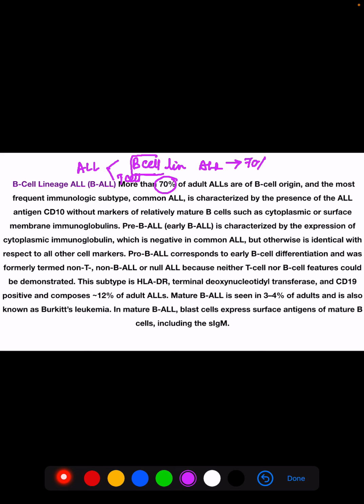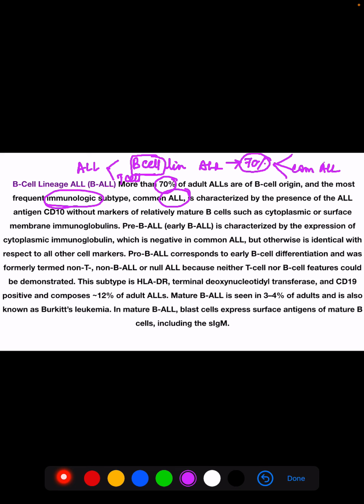So the B cell lineage, how many percent? 70% are of B cell origin. And the most frequent in this B cell lineage is common ALL, the most frequent immunological subtype.